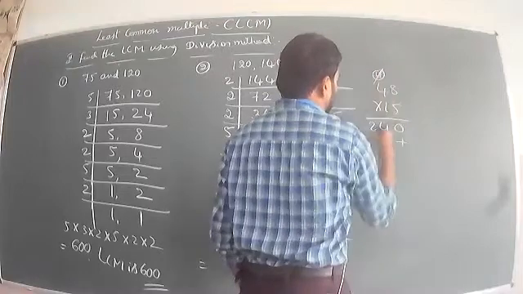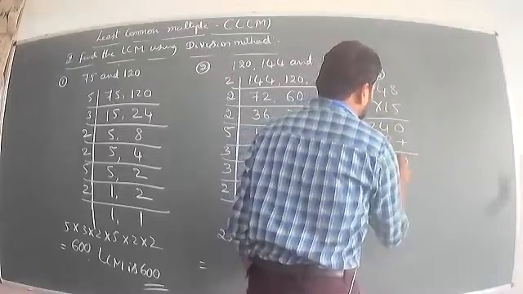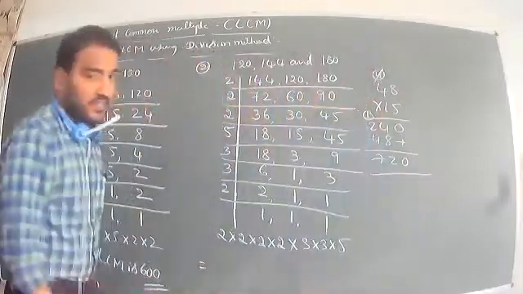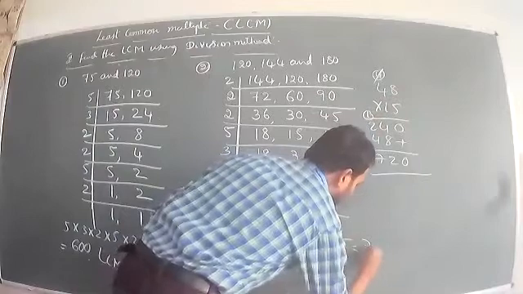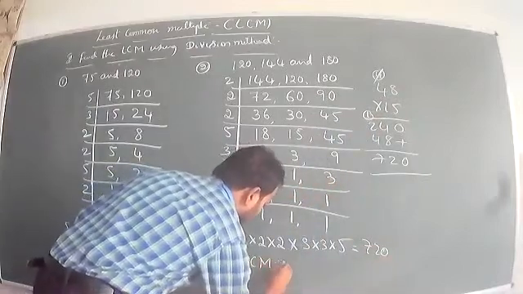Next 1 8 is 8, 1 4 is 4. Next 0, 12, 1 carry, 720. Yes, 720. LCM is 720.